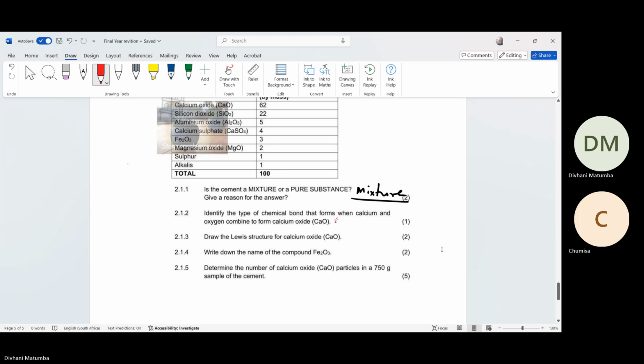Equivalent. Why do you say it's equivalent? Kumisa?